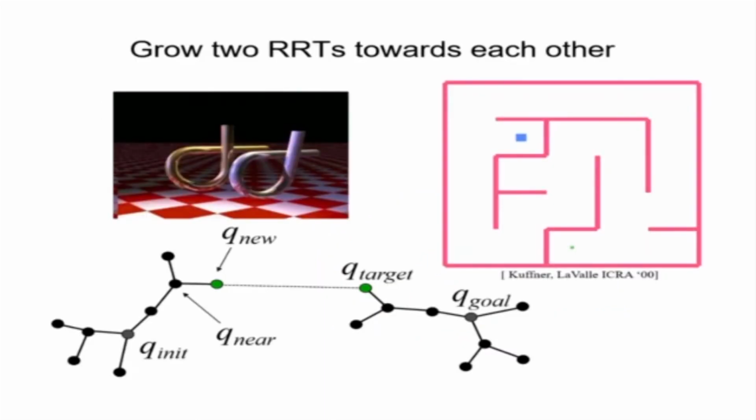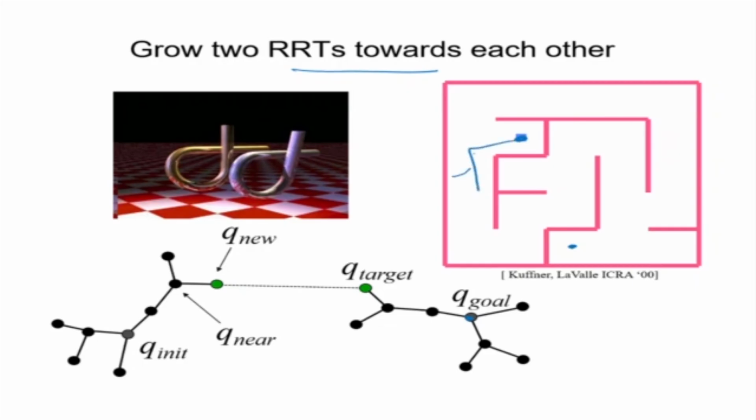Now you can grow two trees towards each other. From the goal I start one, and from the initial point I start another one. This is one tree, this is another tree. I want to connect them now. How do I connect these two trees? For example, in this case, we have the initial point here and the goal point here. I'm going to draw two trees.